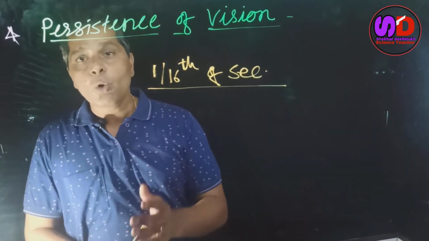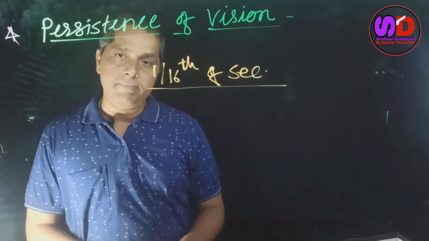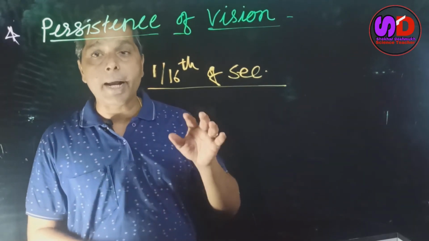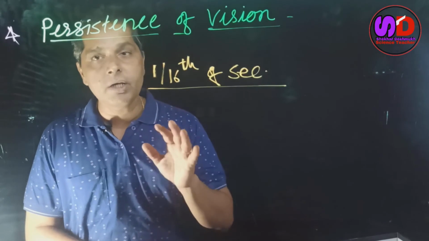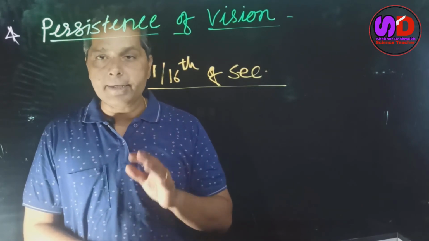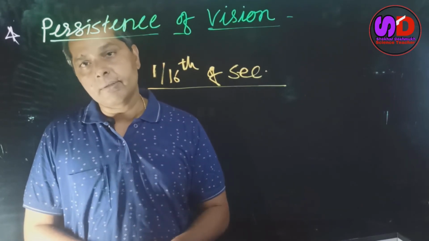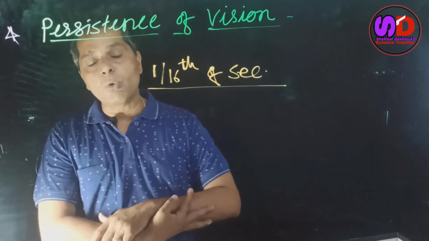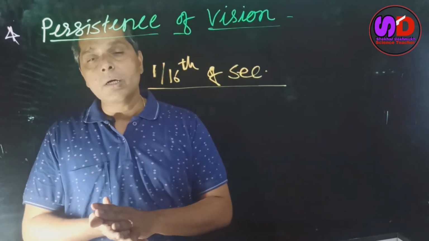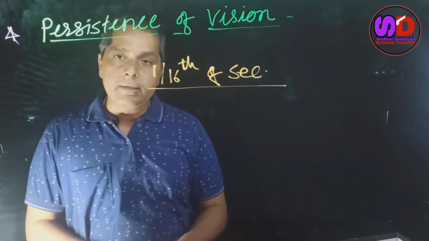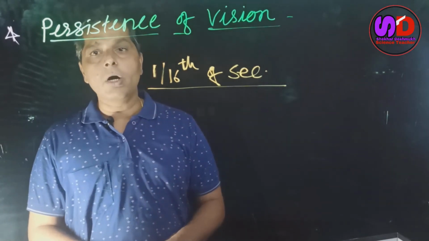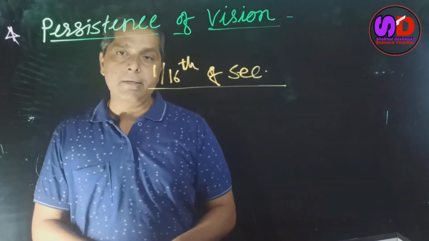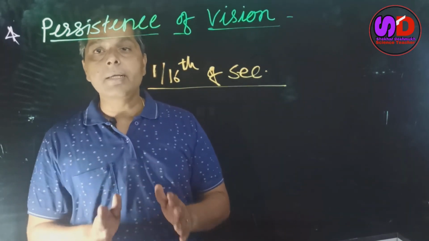For that, cone cells are responsible, and rod cells are responsible for the brightness or dimness of the color. As the rod cells work only in bright light, therefore in the dark or wherever there is very dim light, we cannot recognize colors.